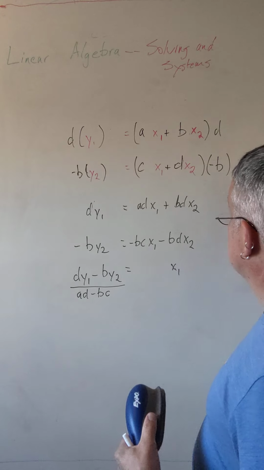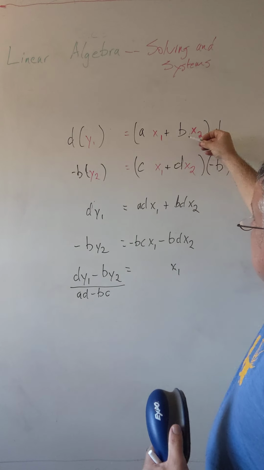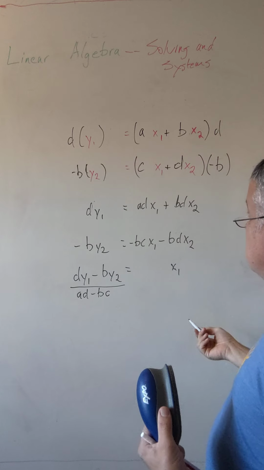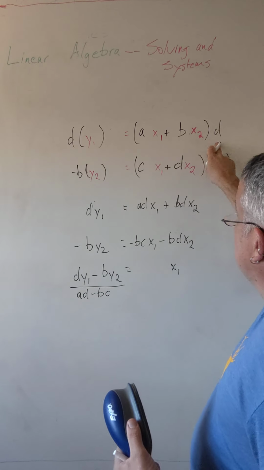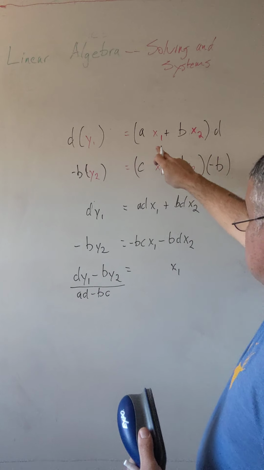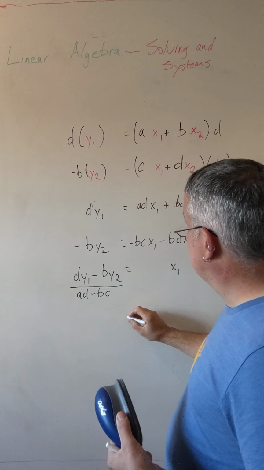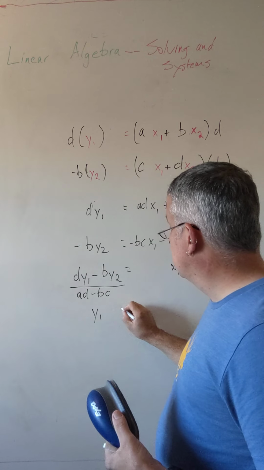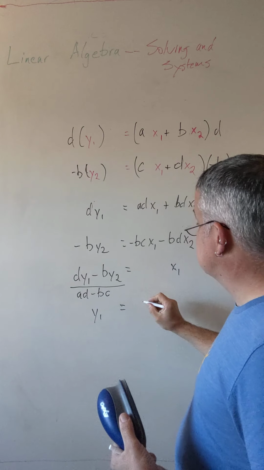How do we find our solution for x2? Well, we have to go back and plug it back in. So we can plug it into either the first equation or the second equation, whichever we prefer. Let's plug it into the first equation. And remember, we multiplied by d. We don't have to keep that part, but we're just going to plug in for the x1 here. So we have y1 equals a times x1, which is this solution.